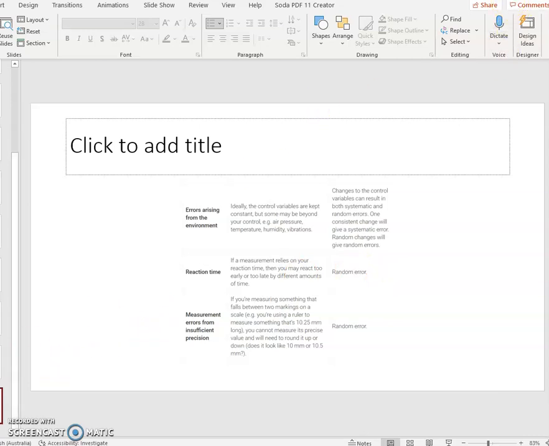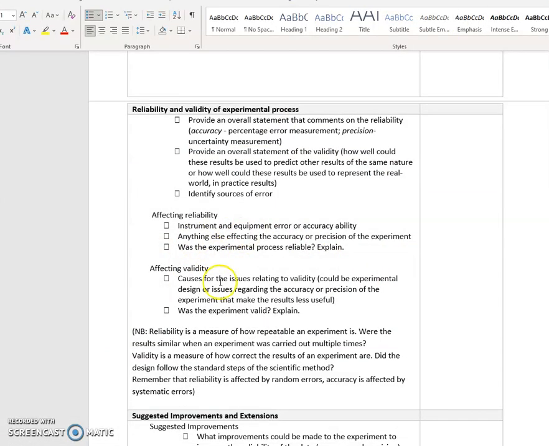So what you need to do in this section is state all the different types of error that could be found in the experiment that you did. Mention them. Something along the lines of random error could be the parallax error on reading the hydrochloric acid, and also on reading the cylinder in the water of how much hydrogen was produced.